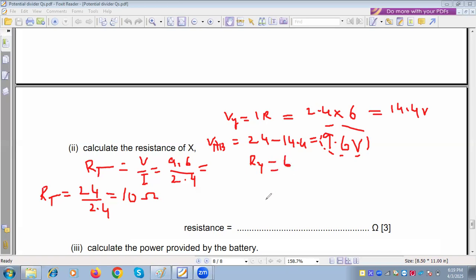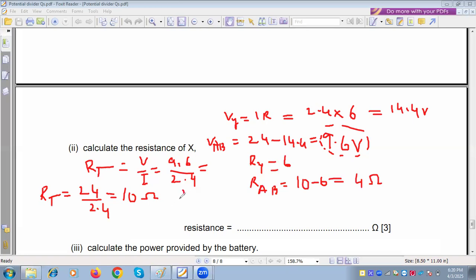So what is Rx? Rab will be 10 minus 6. 10 is the total resistance of the whole circuit, and 6 is the resistance of Y, so 4 ohm. The total resistance of the parallel combination is 4 ohm.